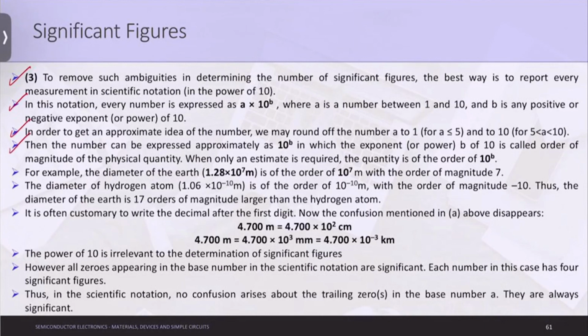For example, the diameter of the Earth is 1.2 into 10 to the power 7 meters, which is of the order of 10 to the power 7 meters, with order of magnitude 7. A very beautiful example. Let me explain it with another example.